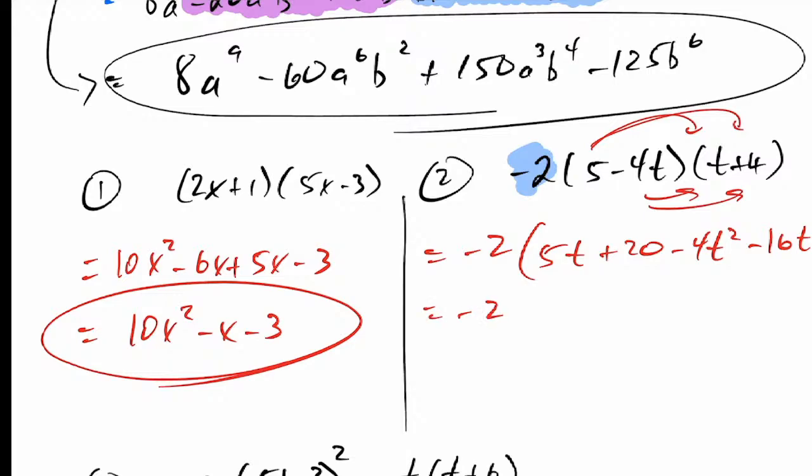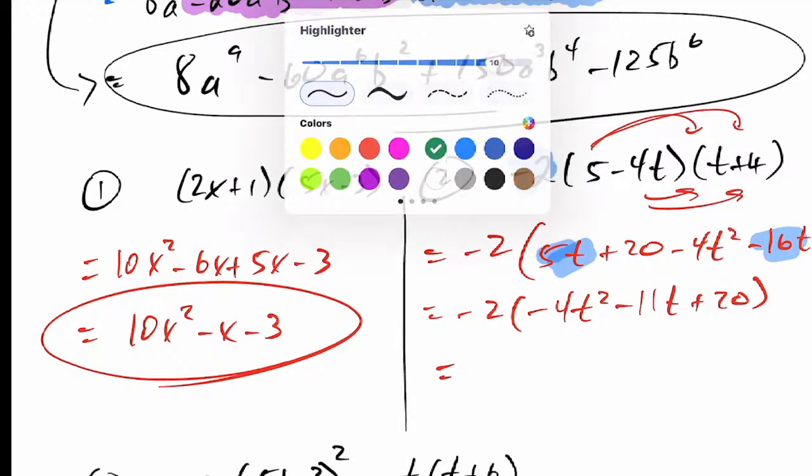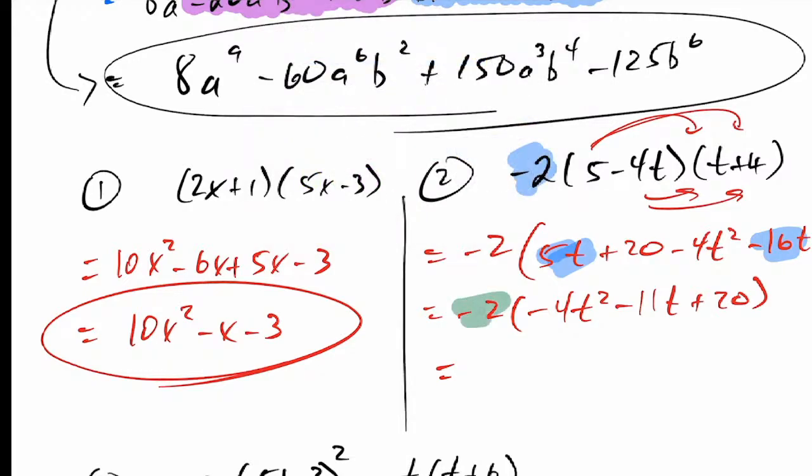You can put the 1 in front. Makes no difference. And then always collect like terms. So before you distribute, you should collect like terms. In which case I get negative 4t squared. And 5t minus 16t is minus 11t plus 20. And then distributing the 2 is 8t squared plus 22t minus 40.